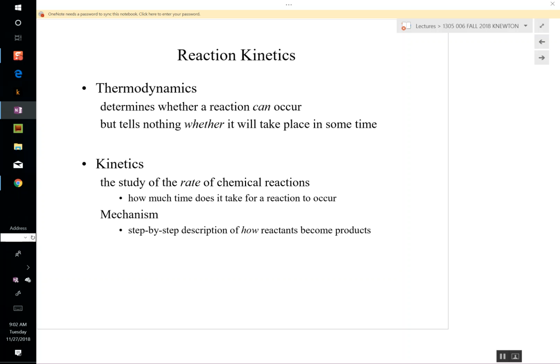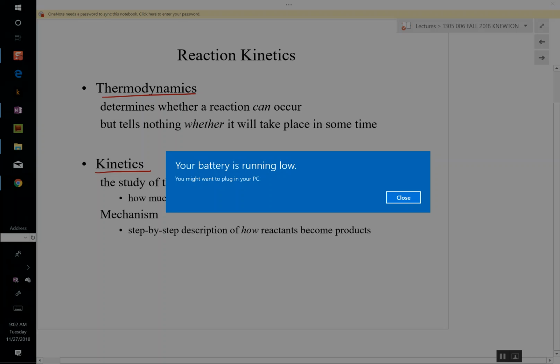Kinetics and equilibrium. Kinetics, just know that kinetics and thermodynamics are 2 separate arenas, 2 separate areas of concern. Thermodynamics looks at, will this reaction take place? Will it require energy or use energy? Will it happen spontaneously? That's thermodynamics.